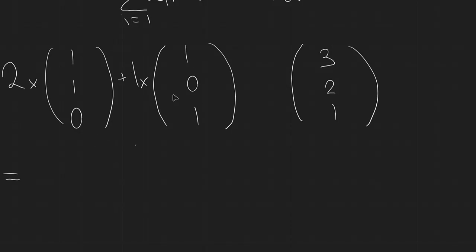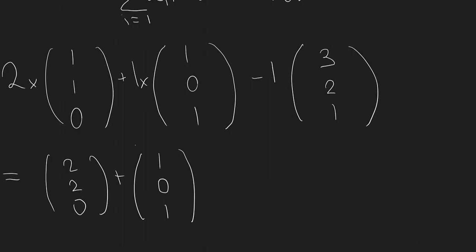Now I'm going to have 3 overall here on the left, which means that if I take away this vector here, I'm going to get some zeros, so I'm going to give the coefficient of this one to be negative 1.